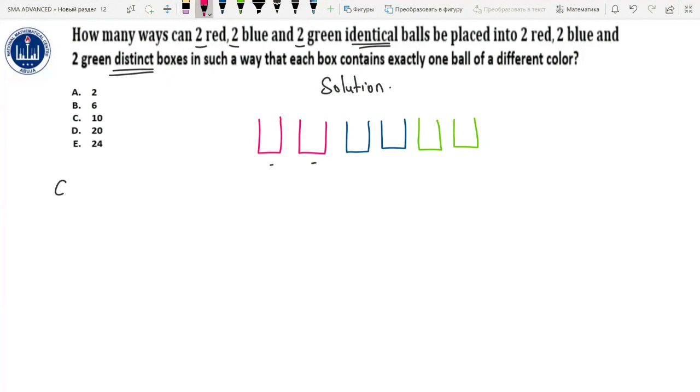So how I did this question, first of all, the way I drew the diagram here, the first 2 boxes are the red ones. So I did a case 1 when both balls in the 2 red boxes are of the same color.